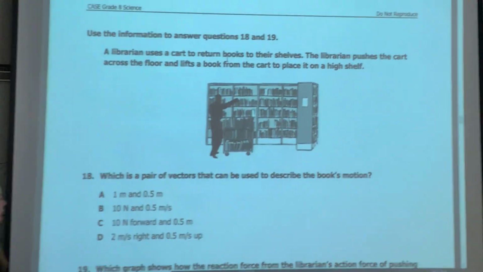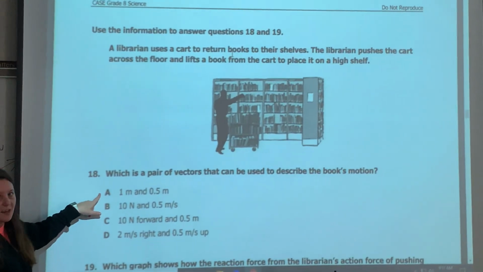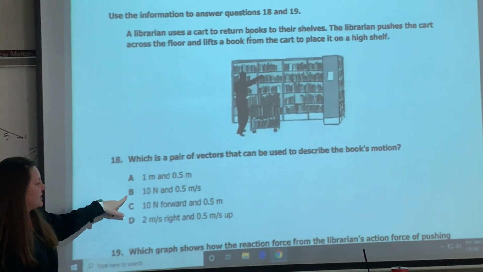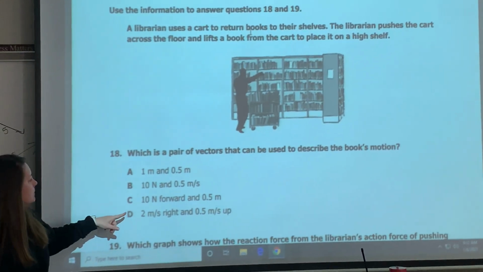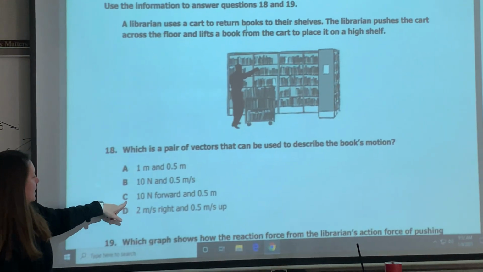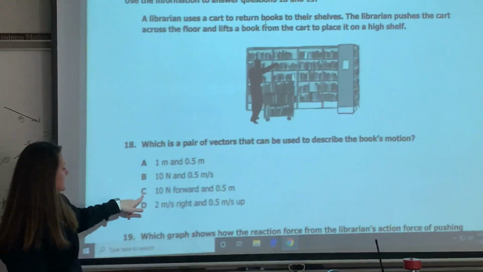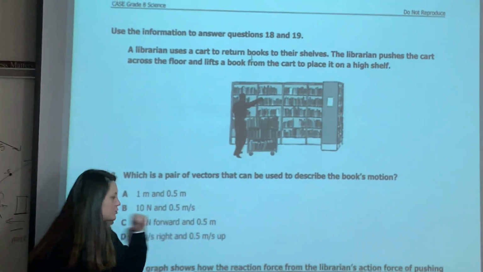And guys, vectors are directions. It may be north, south, east, west, up, down, right, left. So you have to have a direction with your answer. A is 1 meter and 0.5 meters. That can't give me a direction. B, 10 newtons forward and 0.5 meters per second. Well, I have a direction here, but I don't have a direction there. C, 10 newtons forward and 0.5 meters. This one doesn't have a vector at the end of it.